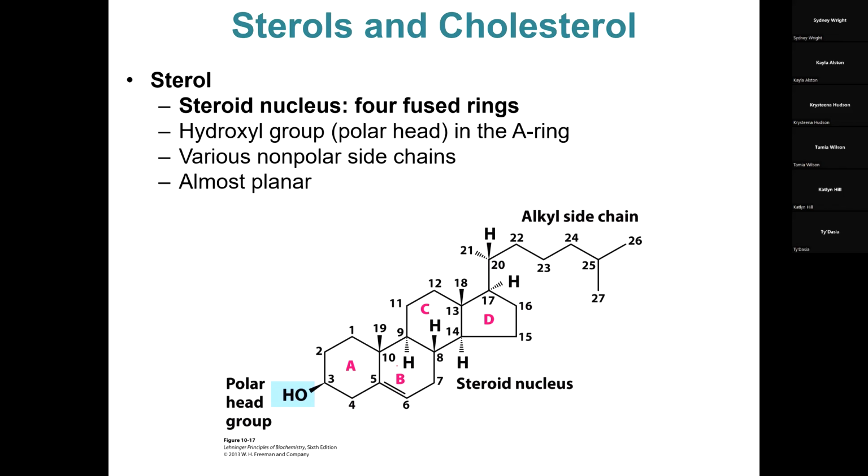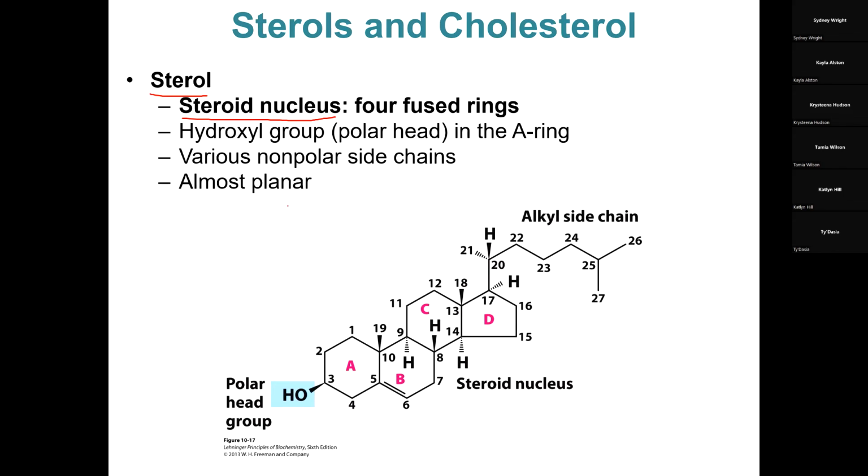Even though they're completely different from everything we've spoken about before, they're referred to as lipids because of the long carbon chains. A long carbon chain makes it referred to as a lipid. And these 4 rings here, A, B, C, D, make up the sterol backbone, often referred to as a steroid nucleus.